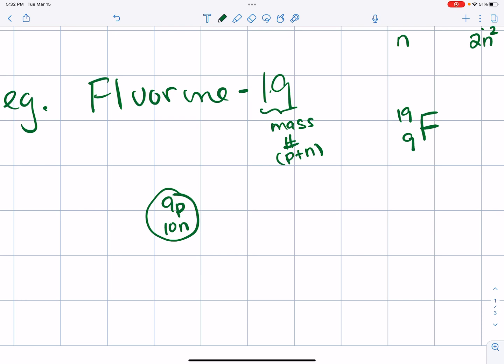So there's my nucleus. Now, if there are 9 positive protons, there have to be 9 negative electrons as well. Protons and electrons will be equal because they have opposite charges and the atom is neutral. So of those 9 electrons, we can put 2 of them in the first energy level.